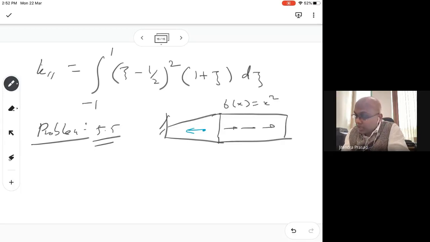And here sigma equal to 0 is given. So only body force and the point force are acting. Now how to find K11? So here it is a three-noded element.